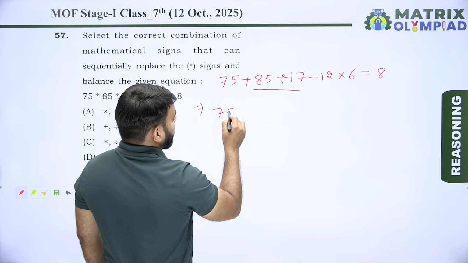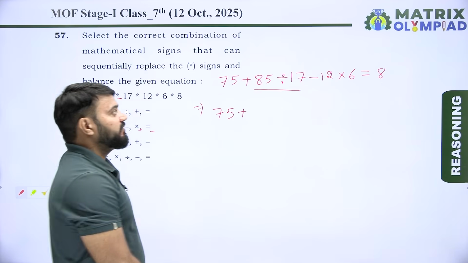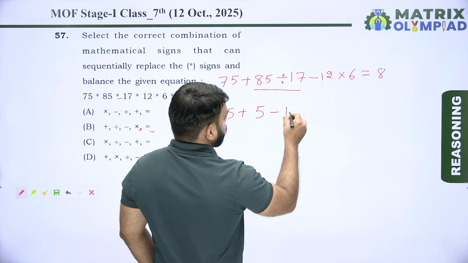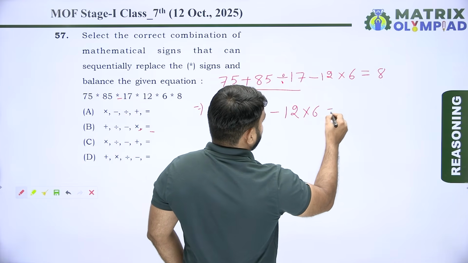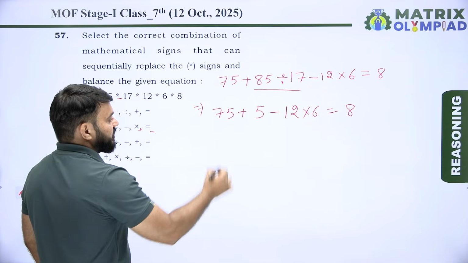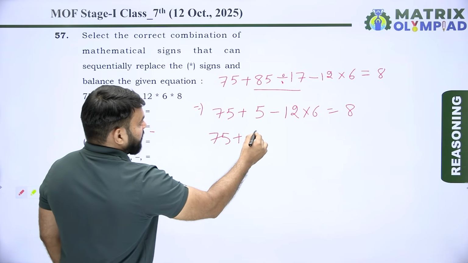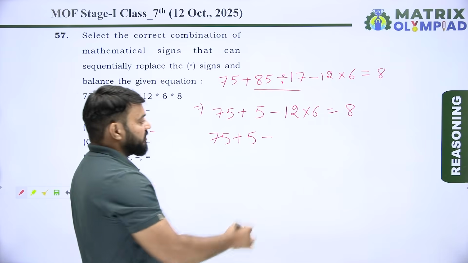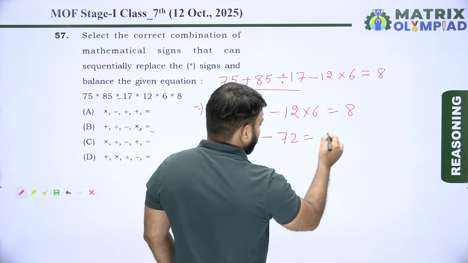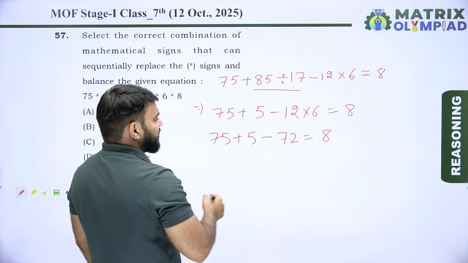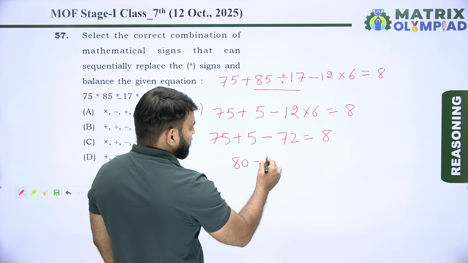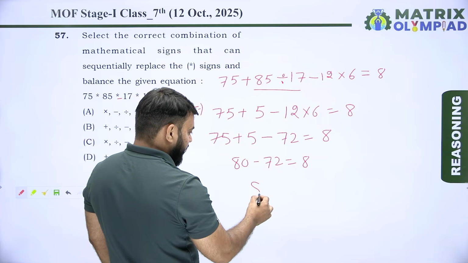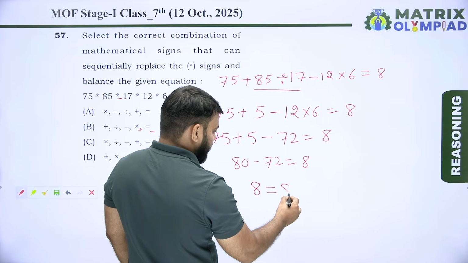So 75 plus 85 divided by 17 means 5, minus 12 into 6 is equal to 8. Now multiply the numbers. So 75 plus 5 minus 12 multiplied by 6 means 72 is equal to 8. 75 plus 5 means 80, minus 72 is equal to 8. 80 minus 72 means 8, which is equal to 8.